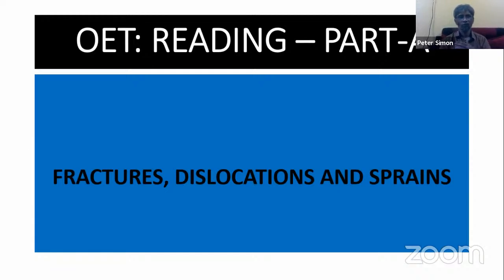Otherwise the bone is very strong, nothing will happen. But after the fracture, there's a problem. So that should be covered and it should be normal. Otherwise there will be severe pain and a lot of problems. Fracture. Okay. Next one. Second one is dislocations.